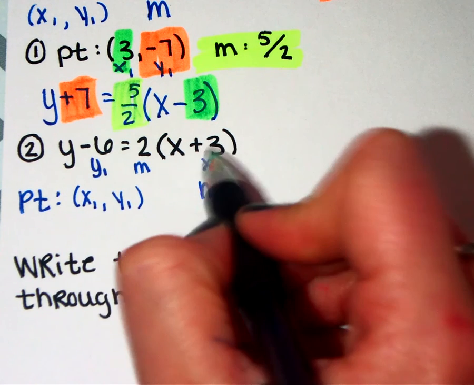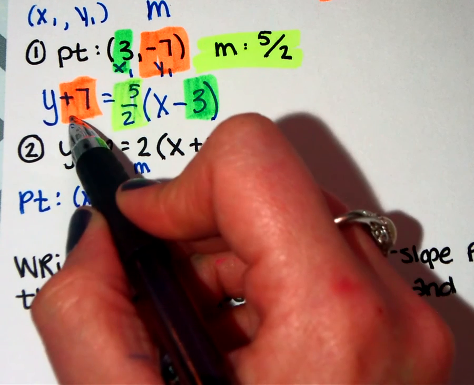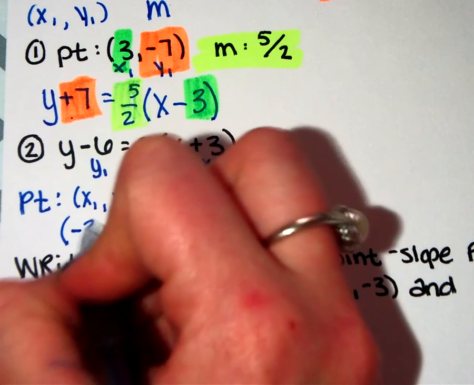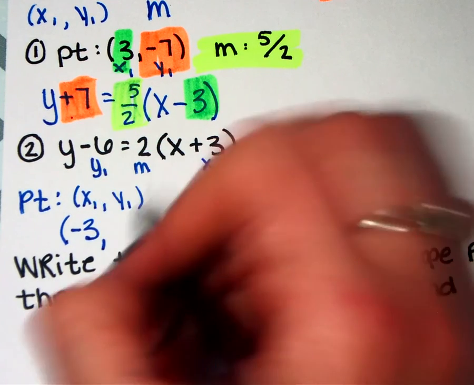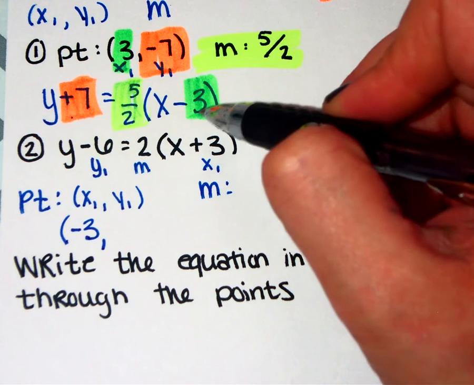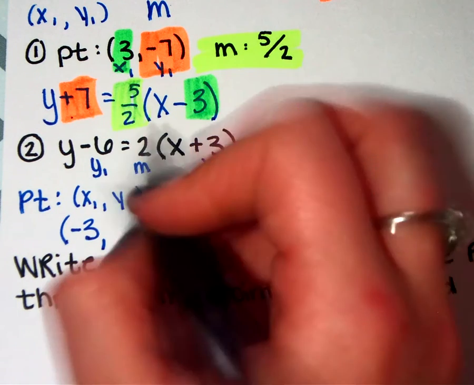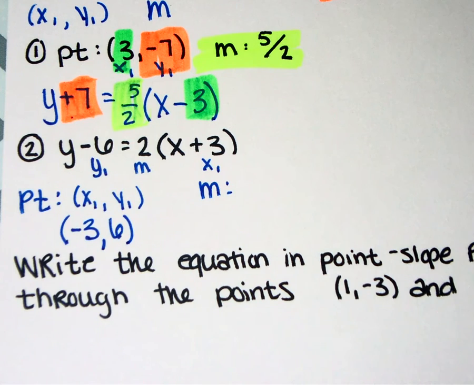So the x1 value looks positive, but remember, if it looks positive, it's really a negative. So this +3 is really a -3. The y1 value looks like a -6, but remember up here, the -3, we really plugged in a +3. So that means our y1 value is technically a +6. So just be very careful.